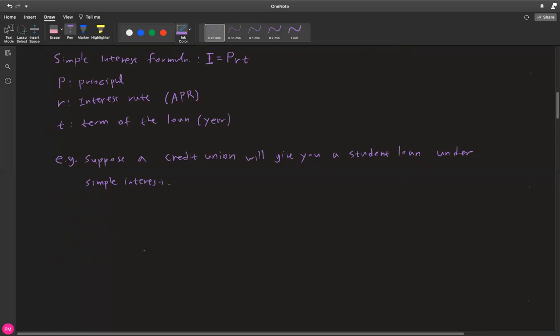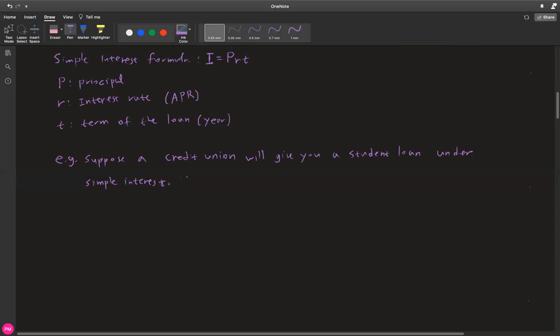As I have mentioned earlier, this is not usually the case. When you are borrowing money from a credit union, bank, or any sort of financial institution, it's most likely compound interest. This is just for the sake of the problems, but simple interest is actually not really used. But in this ideal world, let's say that the credit union is lending you the student loan under simple interest.